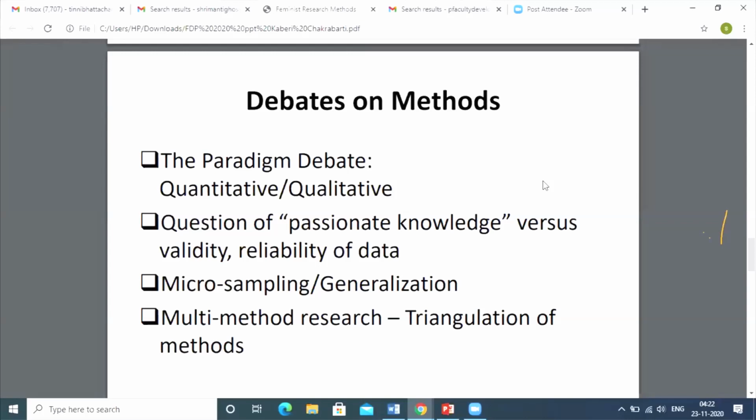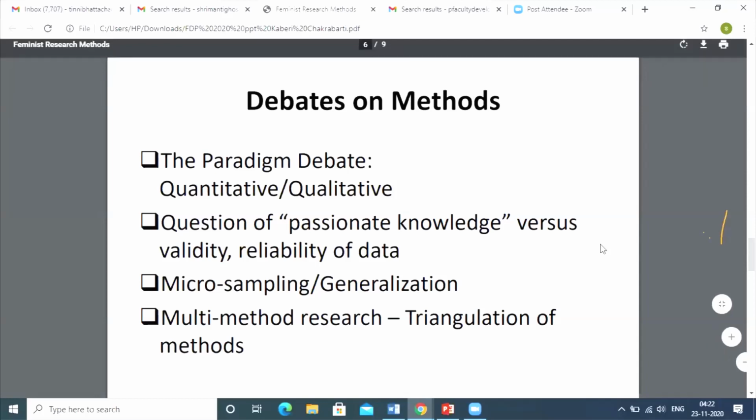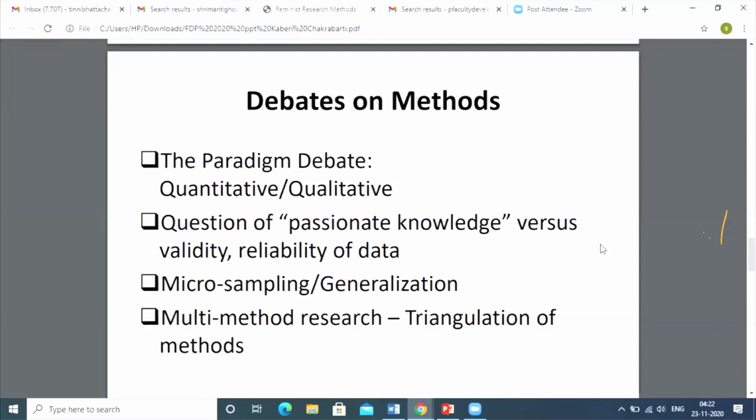Now, the second important debate is the question about this passionate personal knowledge. Feminist scholars focus on personal, passionate knowledge in research versus the validity and reliability of data. Feminist research has challenged the value freedom of traditional researchers without rejecting the empiricist goals of organized knowledge. Many criticisms have been made that the personal accounts feminists talk of may not be adaptable to broader generalizations.